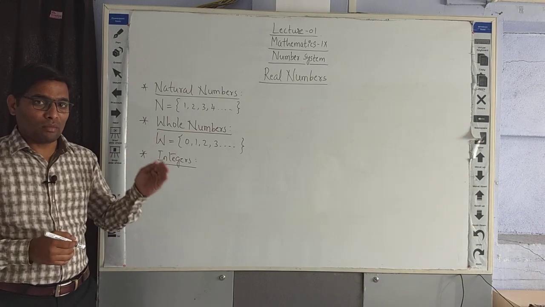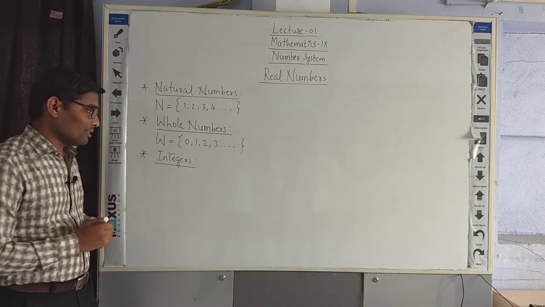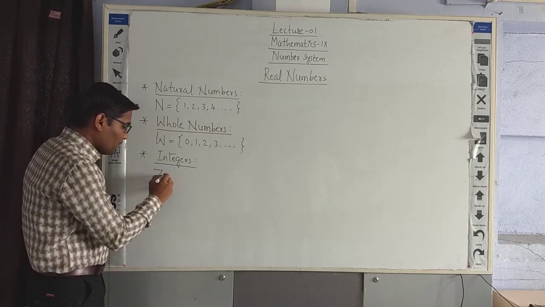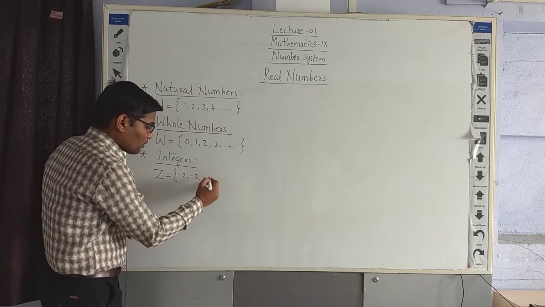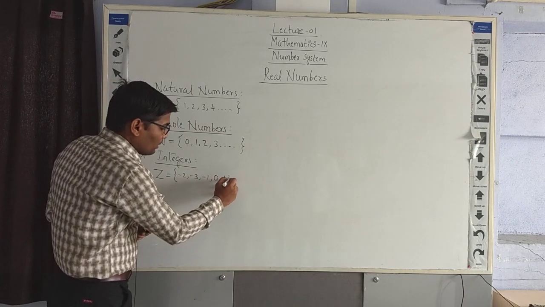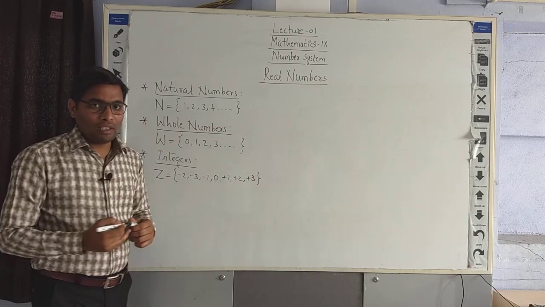Example: minus 1, minus 2, minus 3, plus 1, plus 2, plus 3 and 0. Let's write the example: capital Z equals minus 3, minus 2, minus 1, 0, plus 1, plus 2, plus 3. These are the examples of integers.